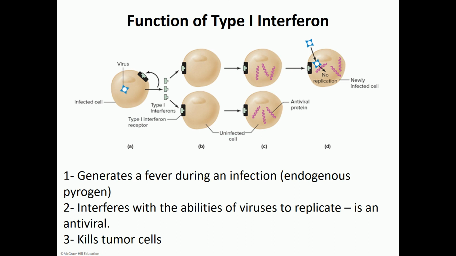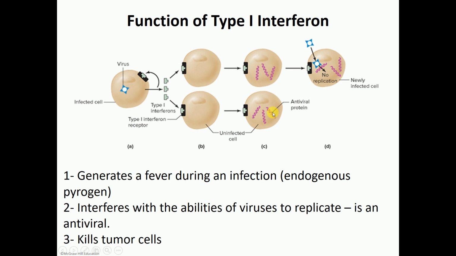So this infected cell basically knows that it's done and over with, and all it has to do is to notify all of the neighboring cells: be on the lookout, I'm infected with a virus, try to protect yourselves. And the message that it sends out is type 1 interferon. So I see the type 1 interferon going to these healthy cells. Now these healthy cells get the message and they start to make what is known as an antiviral protein.